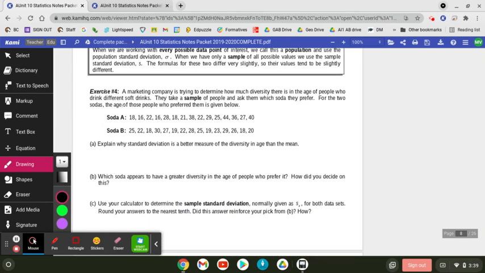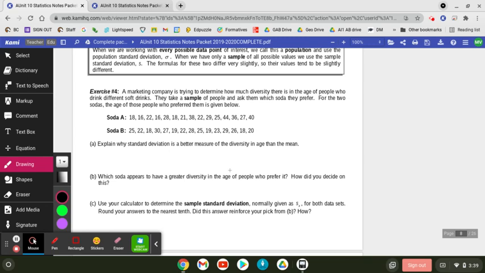So exercise 4. A marketing company is trying to determine how much diversity there is in the age of people that drink different soft drinks. They take a sample of people and ask which soda they prefer. For the two sodas, we have these two lists. Explain why standard deviation is a better measure of the diversity in age than the mean.